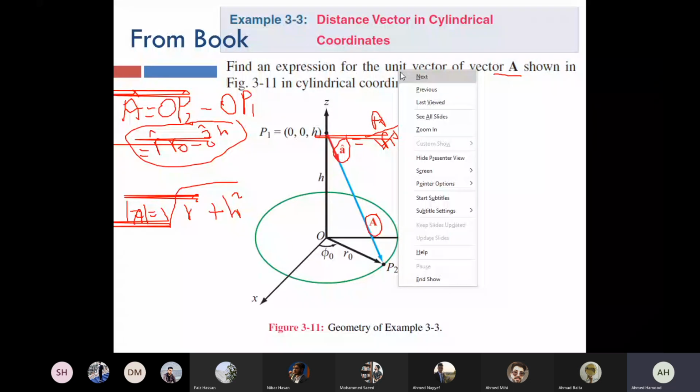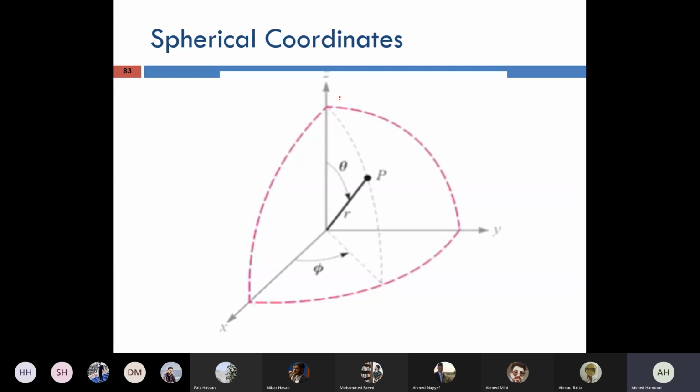Okay, then we have to move into the spherical coordinates, which look like this, where we have the point P, and then you have O. So what variables do you have? You have r, theta, and phi. These are the variables for the spherical.